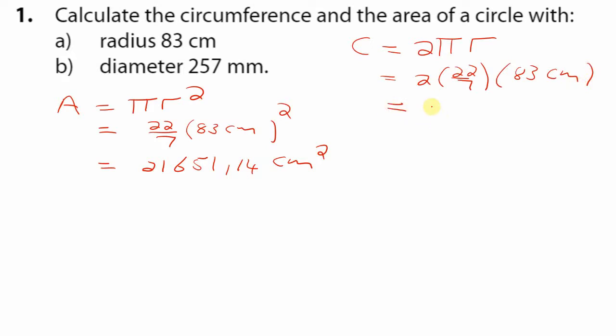So we can simply multiply 83 on our calculators by 22, divide by 7, and multiply still by 2. And then you should obtain 521.71 centimeter.